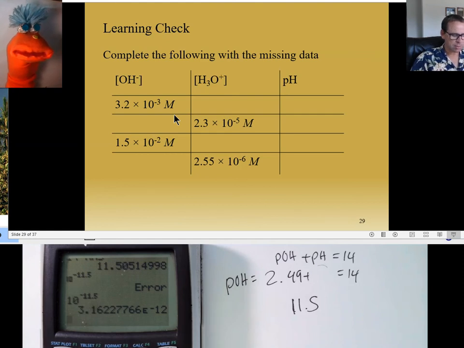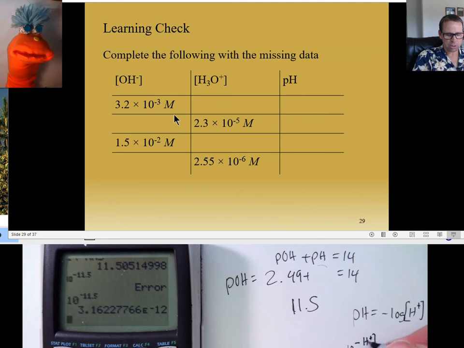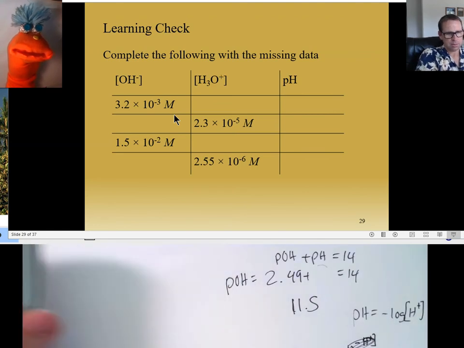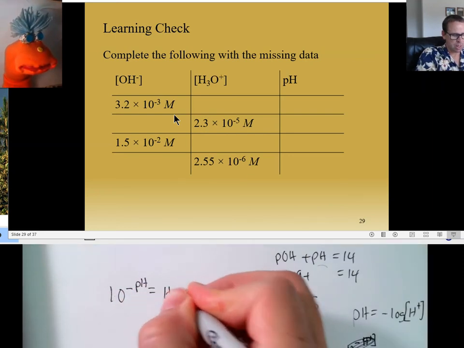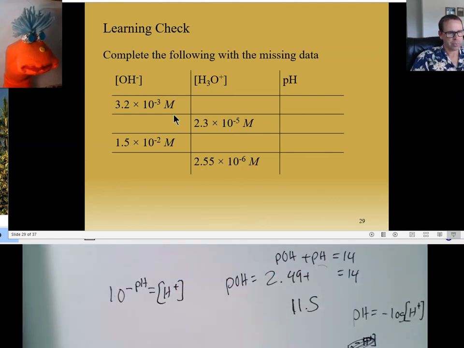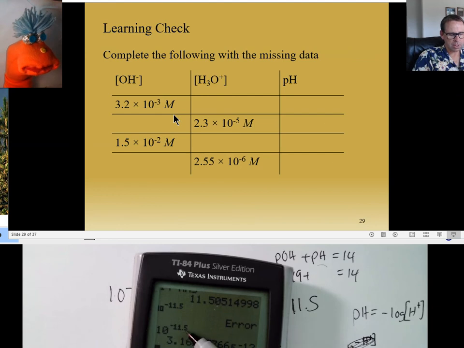So there is my hydrogen ion concentration. pH equals the negative log of the hydrogen ion concentration. If I go 10 to the negative pH, that will equal my hydrogen ion concentration. All right, so I got the pH of 11.5, and 10 to the negative 11.5, negative pH, is 3.16 times 10 to the minus 12.